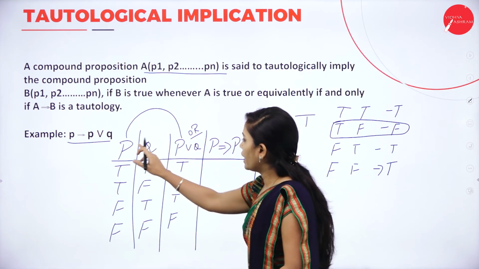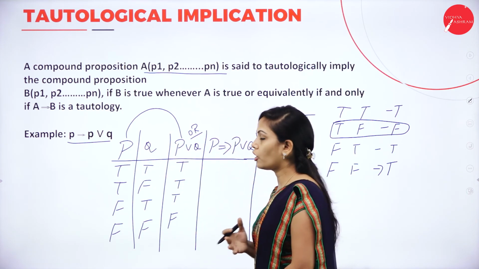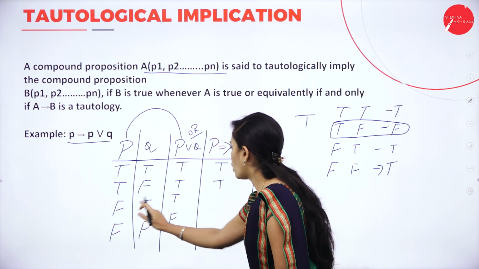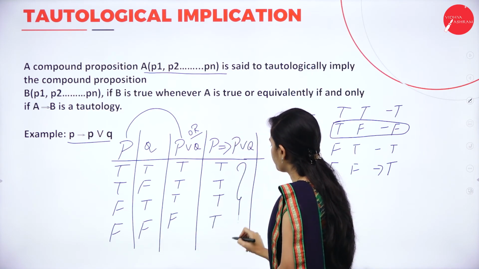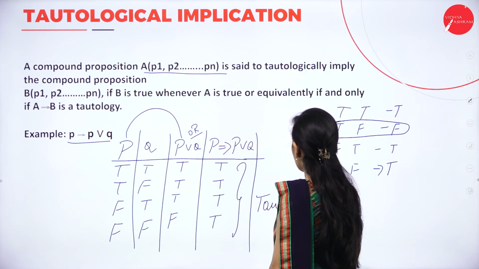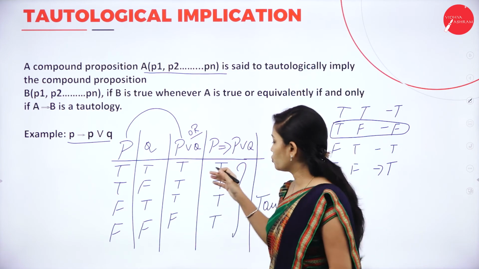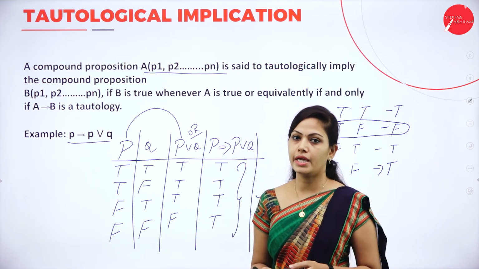So here, I will use these two columns for finding whether it is a tautology or not. True, true is true. True, true, true. False, true is also true. False, false is also true. So now, it is a tautology. Right? So, if we get all the truth values as true, we can call it a tautological implication.